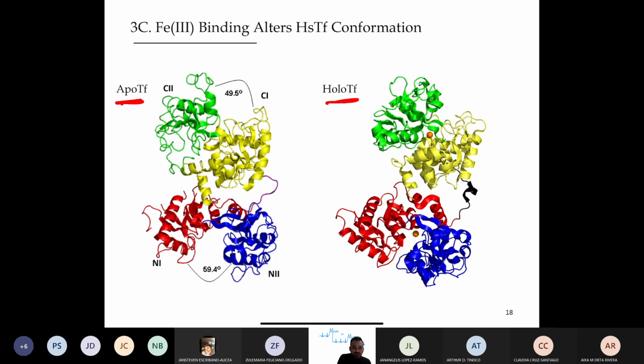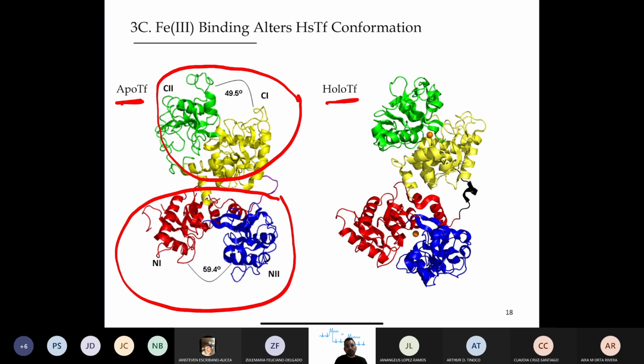Here we have a representation of the C lobe, and here a representation of the N lobe. When the iron binds, you get a closure of the two lobes, sort of like a Pac-Man representation. This lobe will close, and this lobe will close. We see that as depicted by the structures where the iron is bound to the protein. So we see a change on a tertiary level.